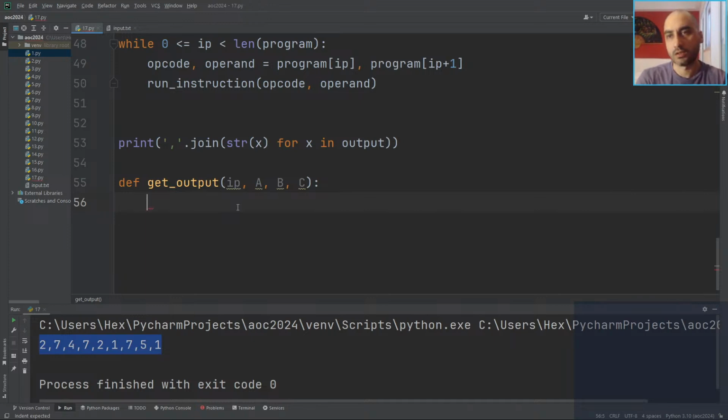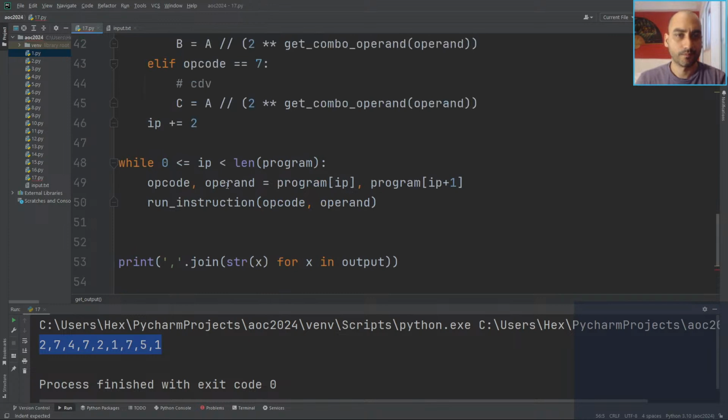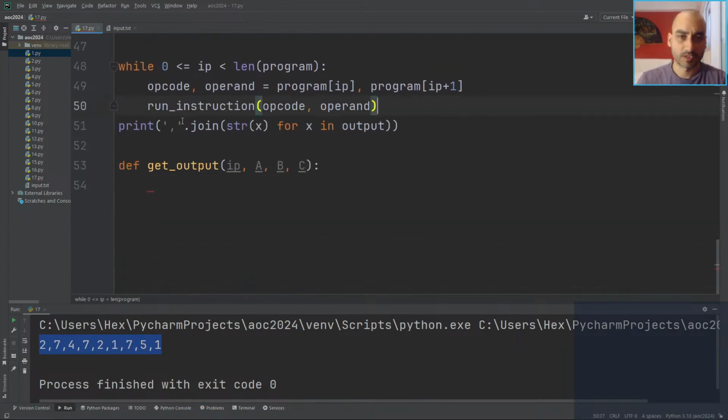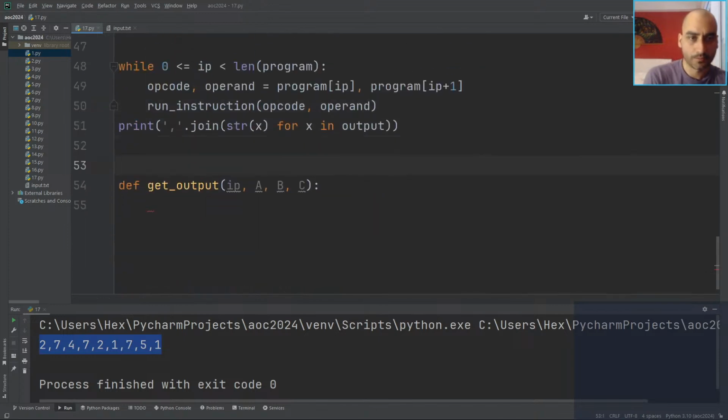All right, okay, so we just break as soon as we see that the output is not matching. That'll probably save us a lot of time.